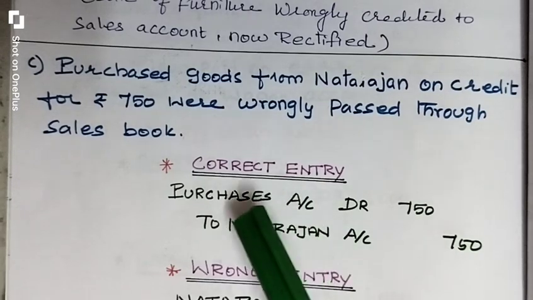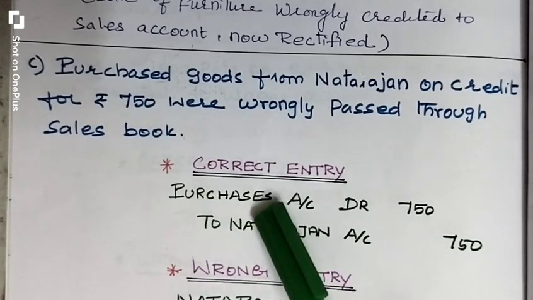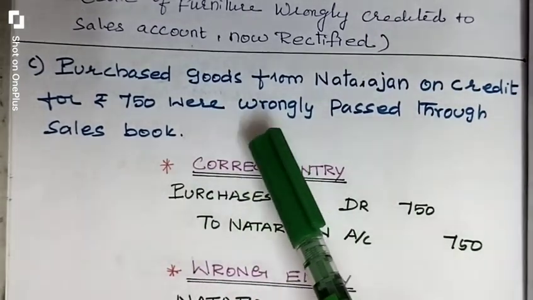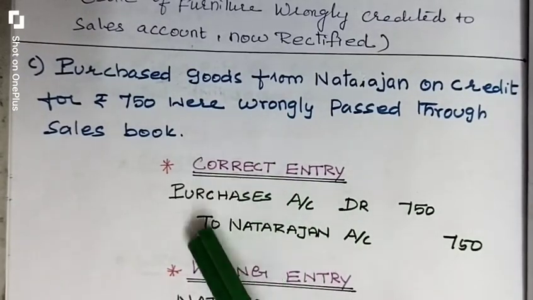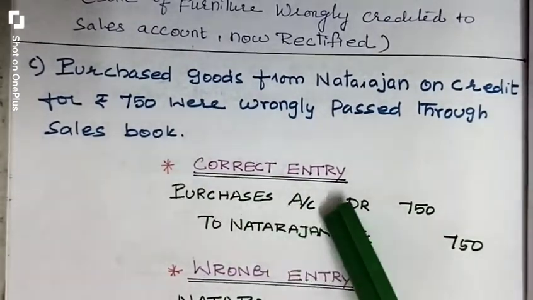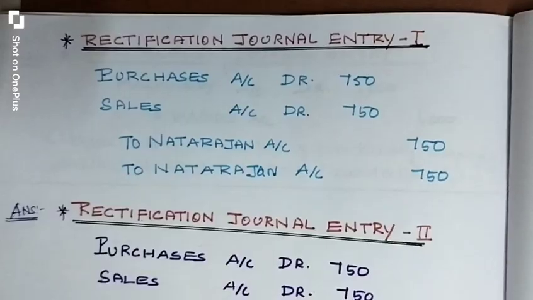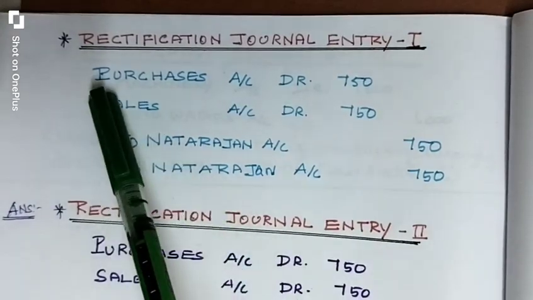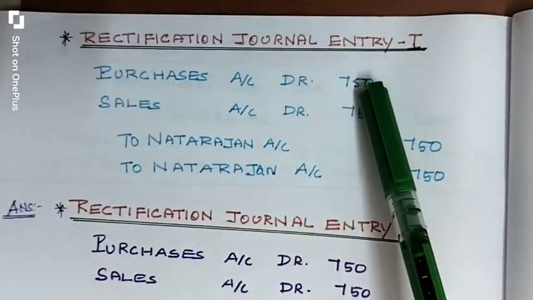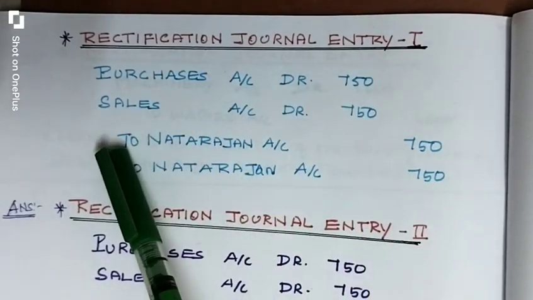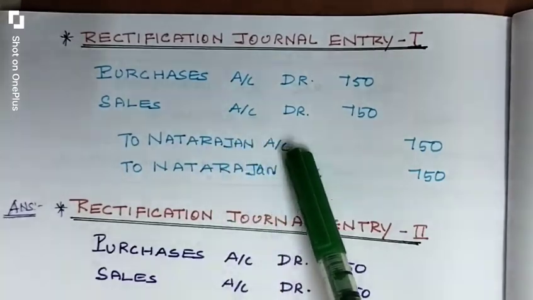We need to enter the credit purchases. What is that? Purchases account debtor 752, Natarajan account 750. So first we enter purchases account debtor 750 to Natarajan account 750.